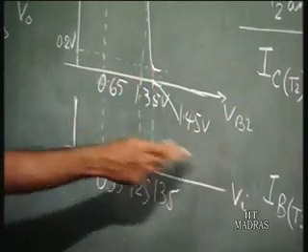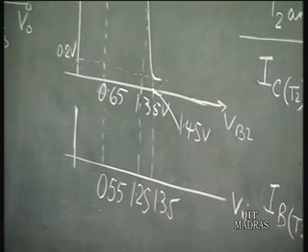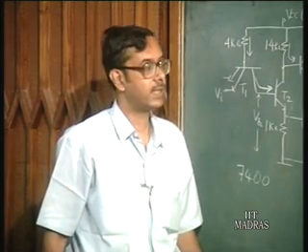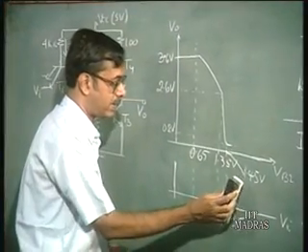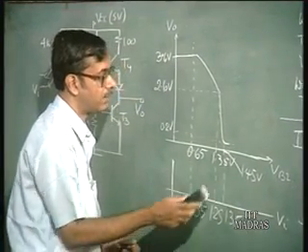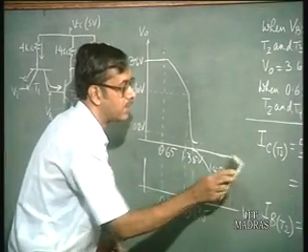And of course when you draw the input output characteristics, you are not constrained here, you can go to high voltages. Is it clear? If I draw the input output characteristics, this remains the same, I am just going to make this Vi now.